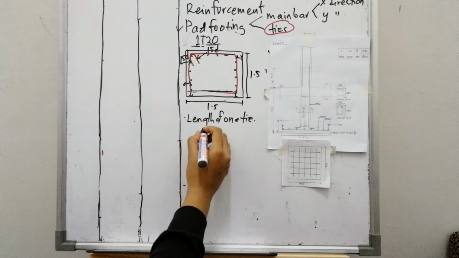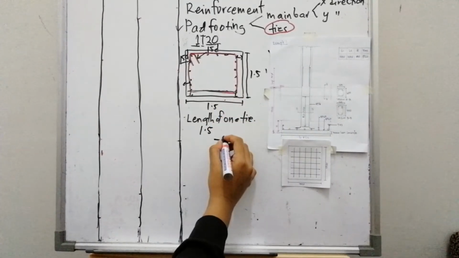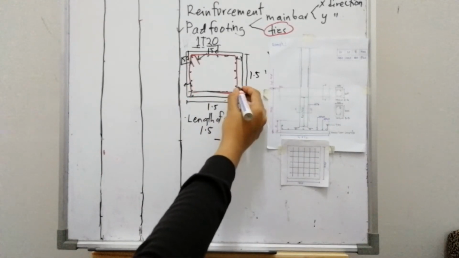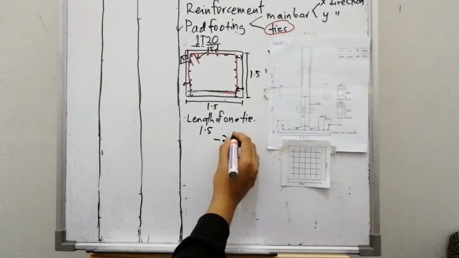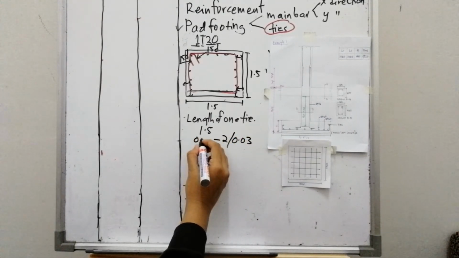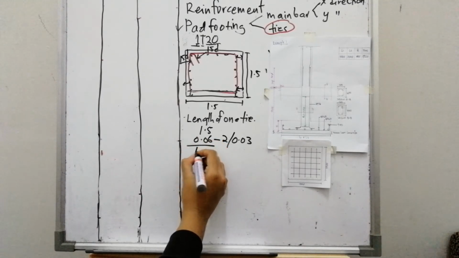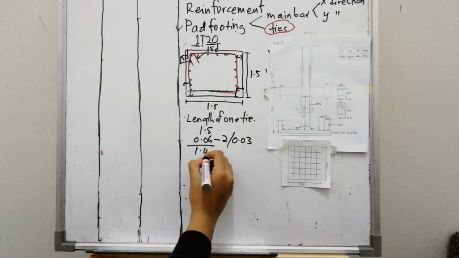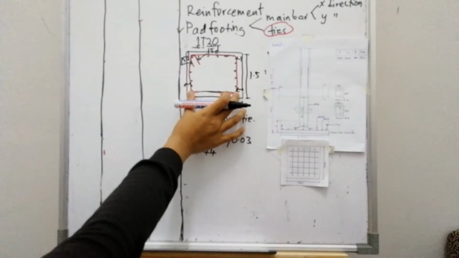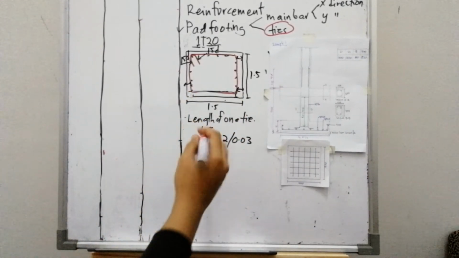It is 1.5 meter minus 2 covers, 1 over here, 1 over here. The value of cover is 30, so 0.06. You minus, and you will get 1.44, so the length here is 1.44 meter, right?